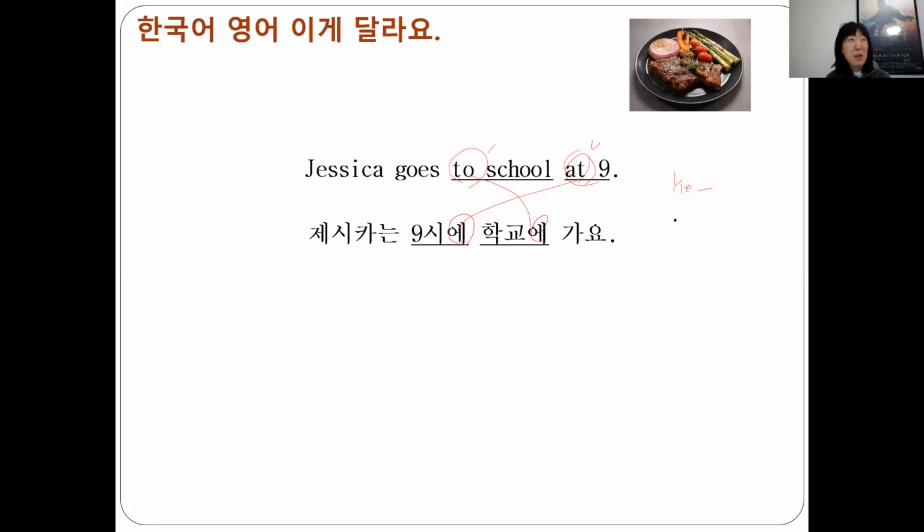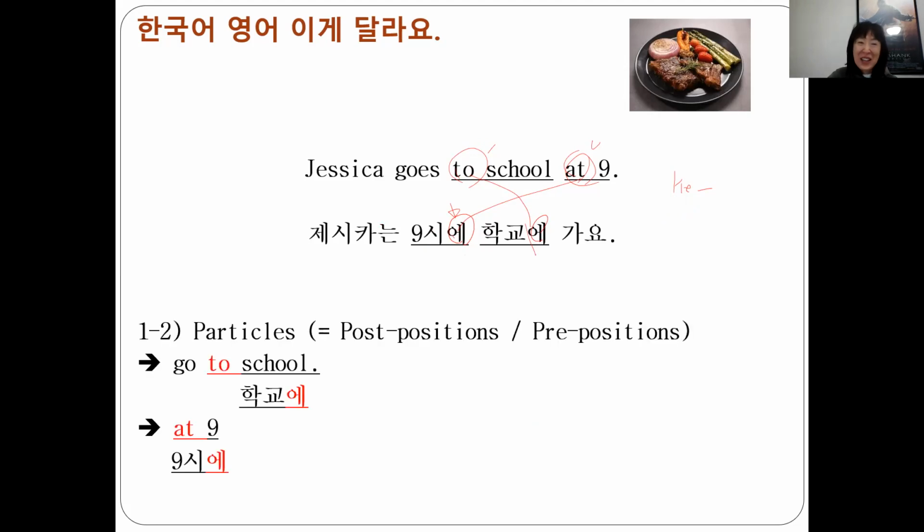That's why they call them prepositions, probably. But in Korean, our particles are usually located after the noun, right? So the nickname is postposition. 갑니다. So we have some particles that are equivalent to English prepositions, but the location is different. In English, usually in front of the noun, but in Korean, usually after the noun입니다. Okay, that is another difference.